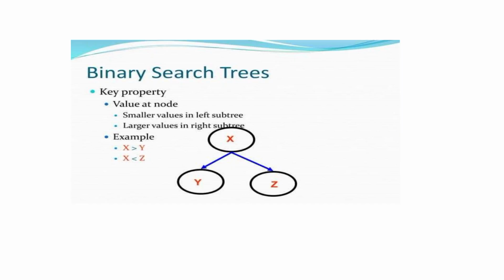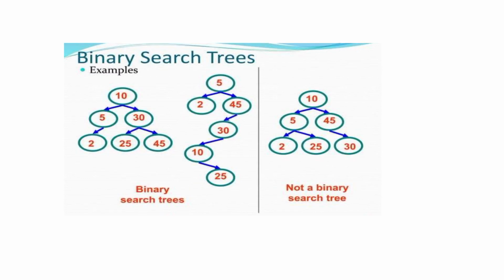In this example, x y z, the values should be in lesser and greater order. In this tree you can find the example. For the first example, 10 is the root node.